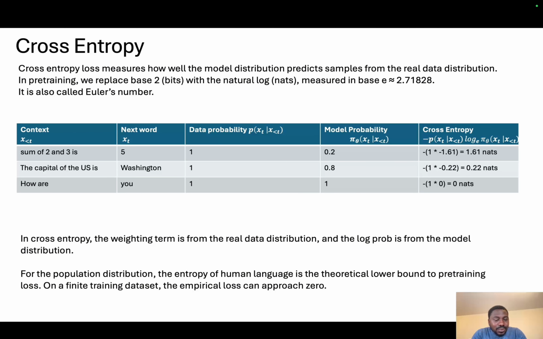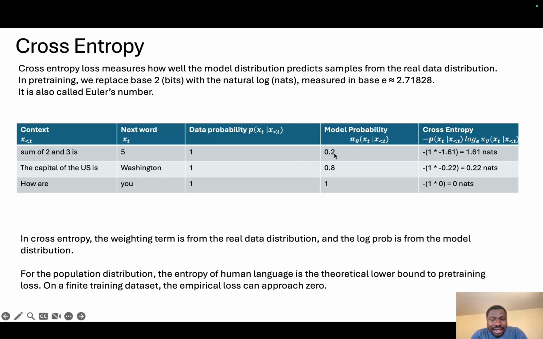The capital of the US is Washington. The data probability of xt given x less than t is 1. Our u is 1. But if we give this to our model, right? Let's say "the sum of 2 and 3 is", and let's say our model is not that great, and if you put x less than t in our model and it has to predict xt, it only gives a probability of 0.2 to 5, which is very low, right?